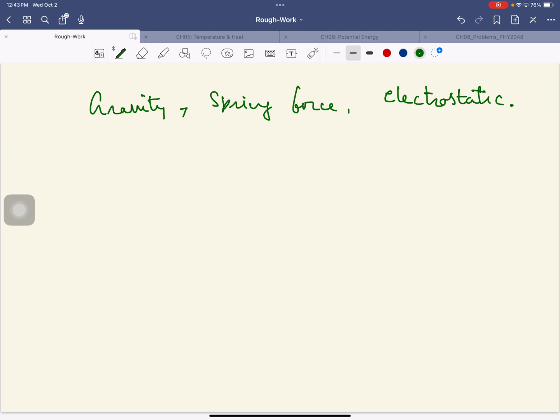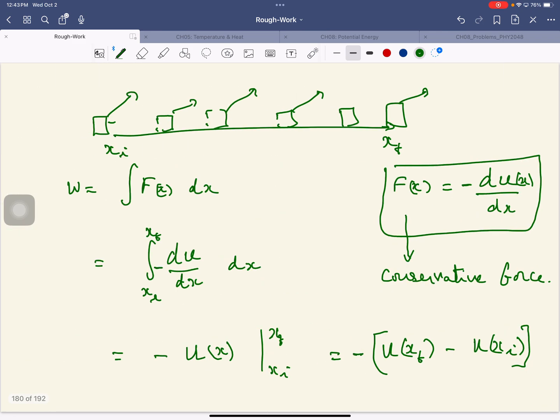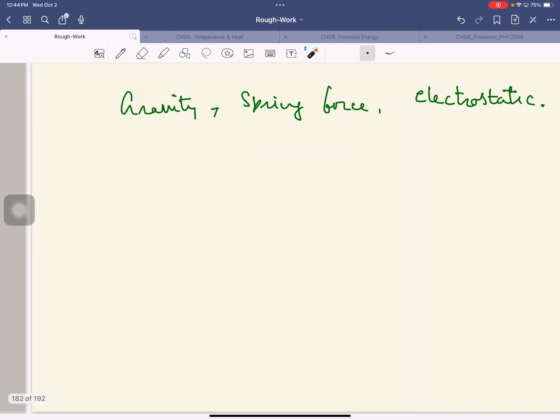And what's special about these forces? These forces can be written as a derivative of a scalar valued function. And what was the big deal about that? Well, the work done by those forces is just the negative of this function evaluated at the final point minus the function evaluated at the initial point. So work done by these forces is very easy to calculate.